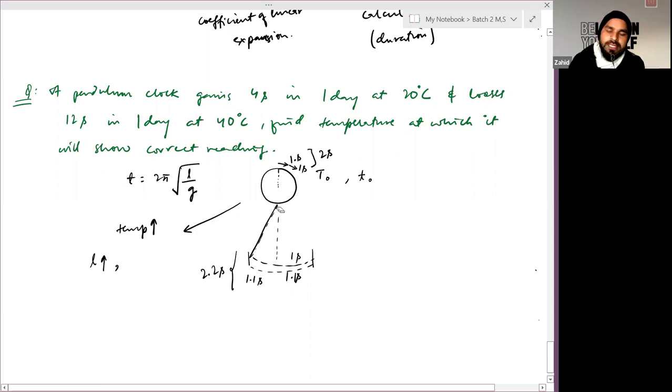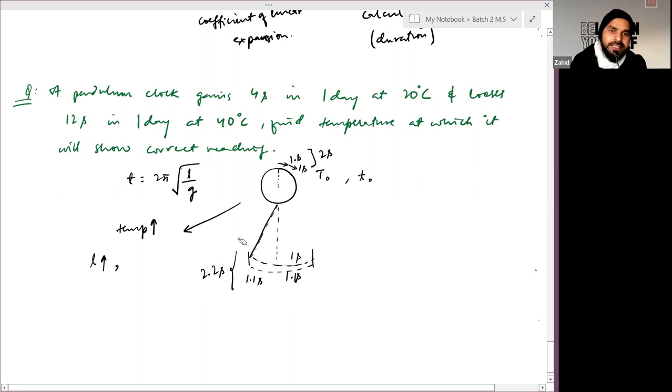If the pendulum moves from this end to this end, it will be counted as just 1 second, but in actual it is taking 1.1 second. Similarly, on returning back, it will take 1.1 second, but the clock will read just one tick. So in total, time calculated by this clock will be 2 seconds, but the actual duration of time taken by this pendulum to go from one end to the other and return back is 2.2 seconds.